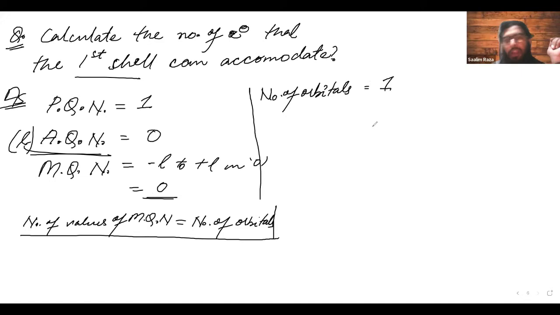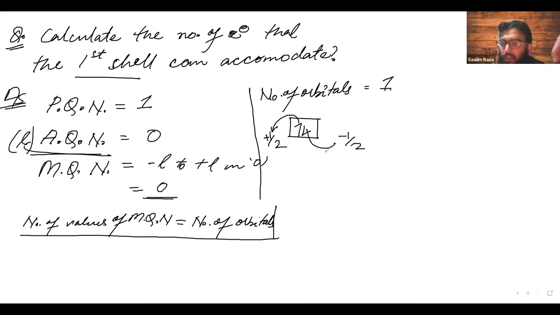We have seen in the spin quantum number that the electron can have plus half or minus half spin, clockwise or anti-clockwise. So in an orbital, it can move like this or like this, denoted as plus half and minus half.